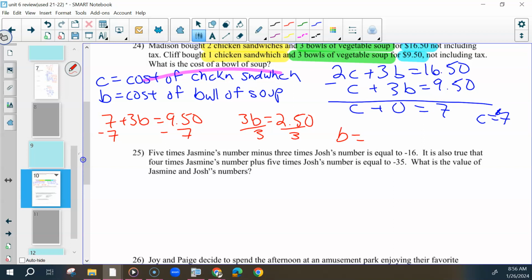And because we're looking for amount or cost, that would be either $0.83 or you can put 83 cents, not 0.83 cents. $0.83 or 83 cents. Don't put both.